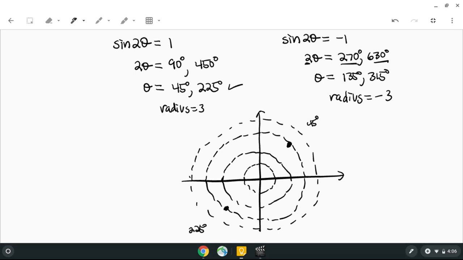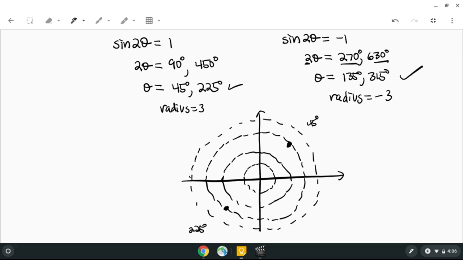Now let me do the other 2 from the -1. 135 degrees, that's over here. Hold on, let me write it over. 135 degrees.